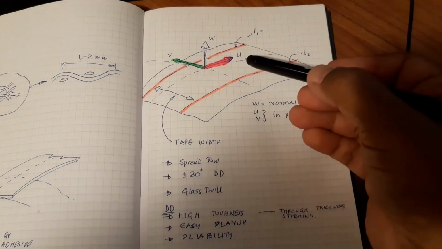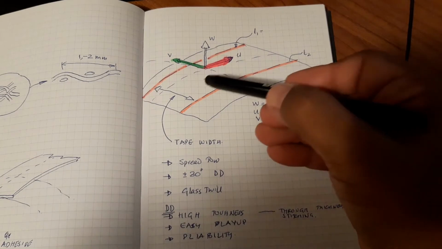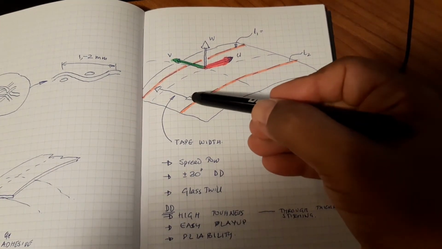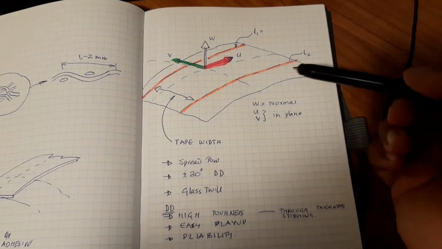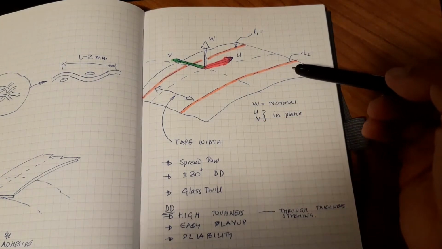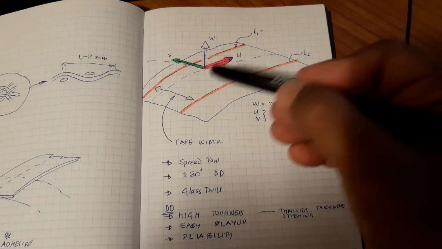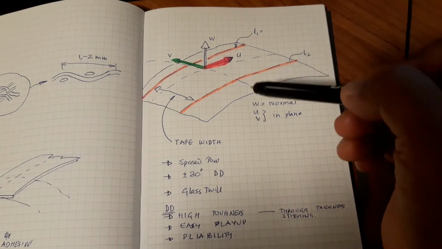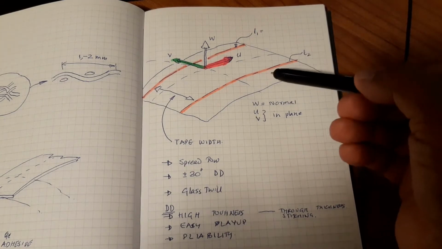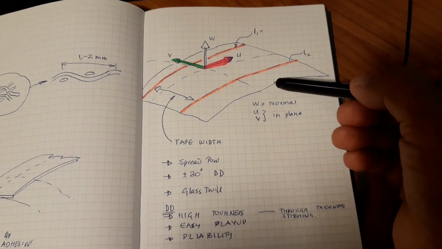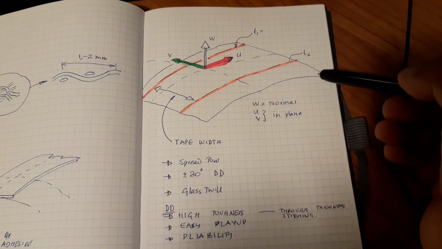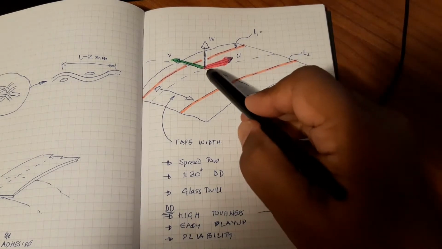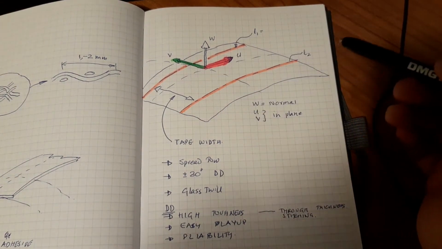Each small patch would be a virtual area on the surface, and should have the angles of the plies correctly placed based on the calculations of strength and stiffness that you have envisaged for this piece of structure. So that is the reason why U and V are very important.